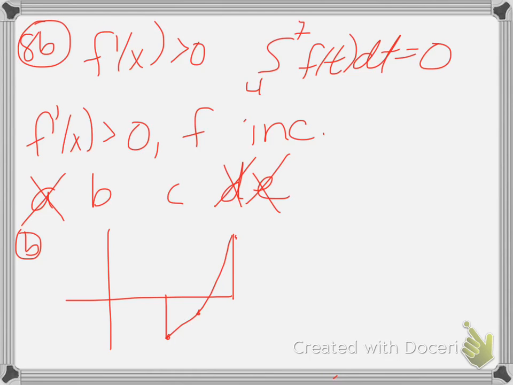And you can see that you have an area above and below. And then if I looked at choice C, I have this, this, and this. And it's going to look like this.